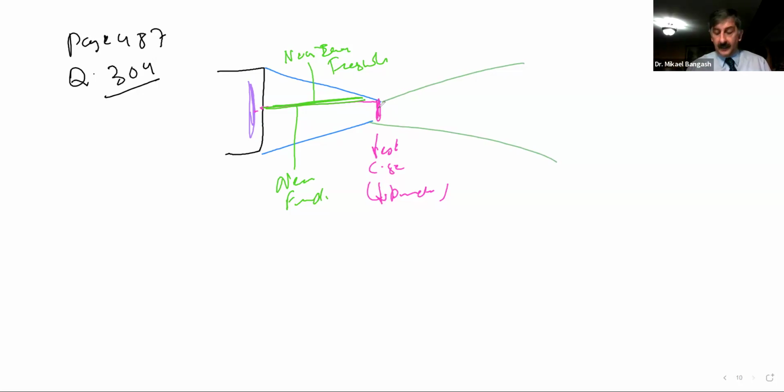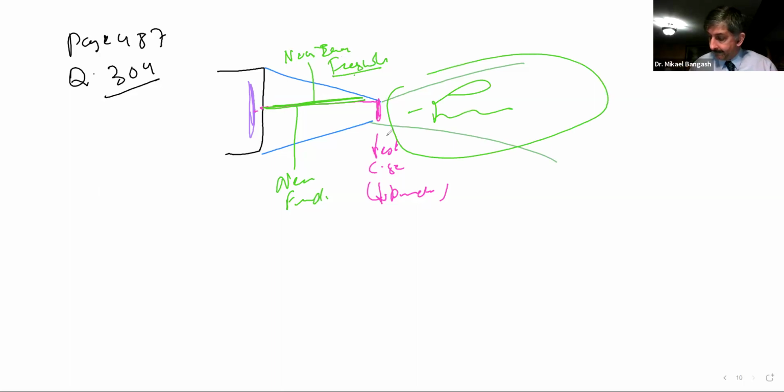Then your option would have been A, which is focus. Half value layer thickness is not relevant here. Near zone is what we call this area here. Please keep in mind you could be given the same question, but the option may be Fresnel zone or near field. And Fraunhofer zone is what we have after that point. Did that make sense? Yes.